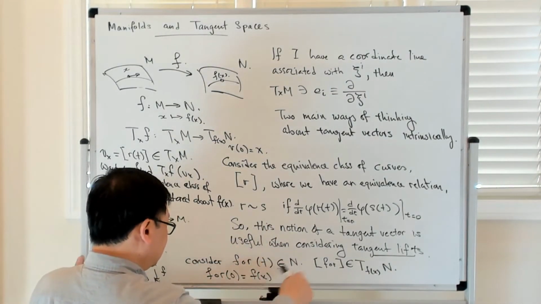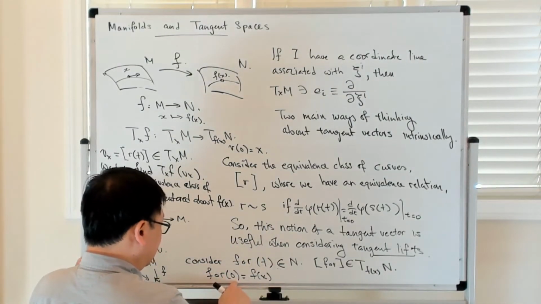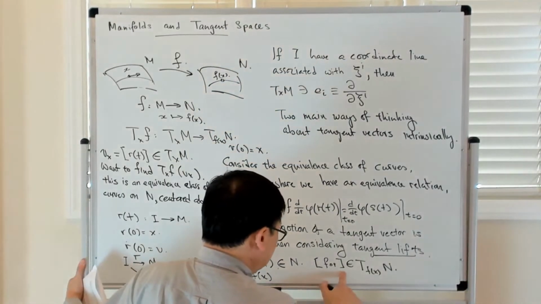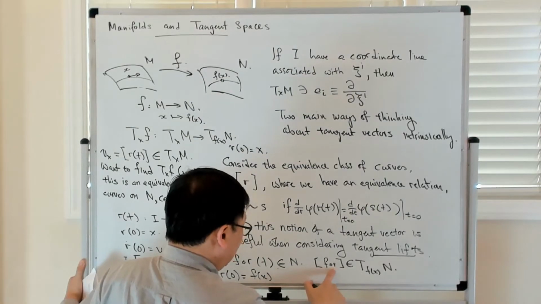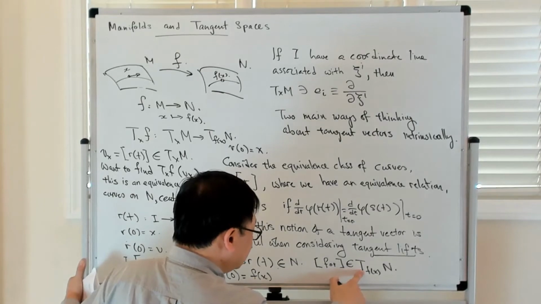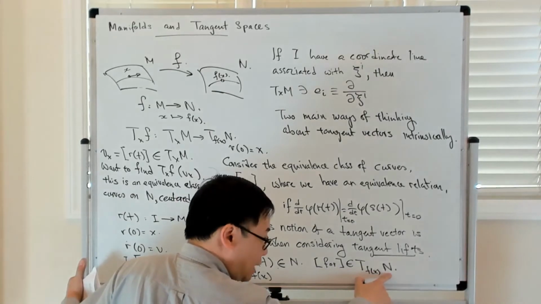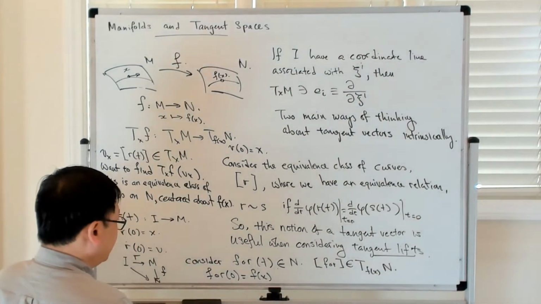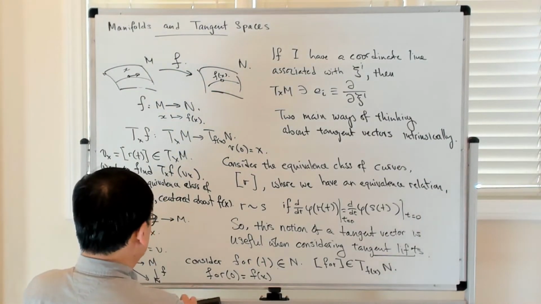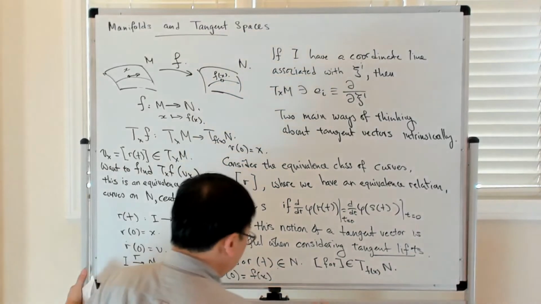You have a curve which is on N, and the 0 point of that curve is the base point f of x. So this equivalence class of f composed with r is an element of the tangent space at f of x to the manifold N. You can check what that thing is.